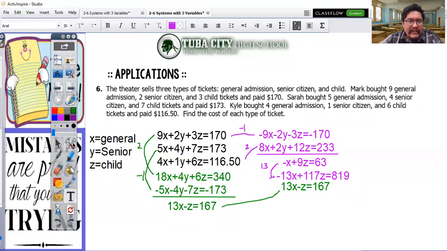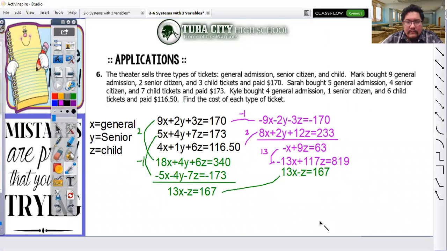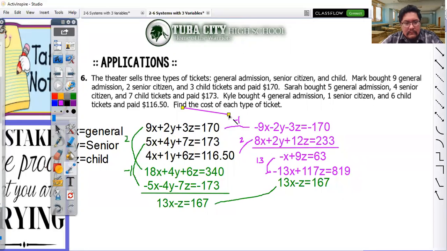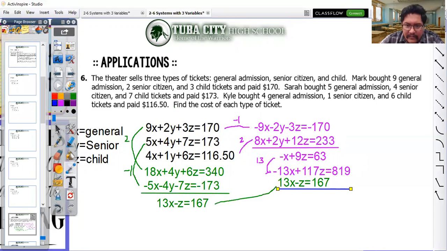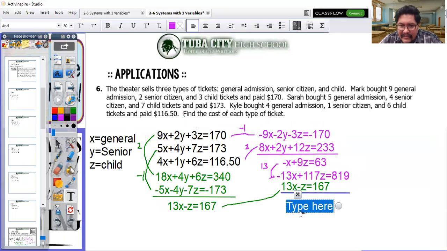And let's go ahead and put these two together. All right, this will be our, I don't know what you'd call this, equation C or something.